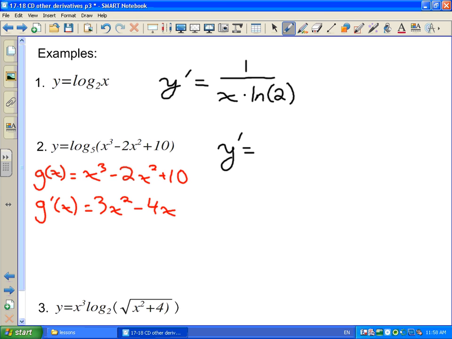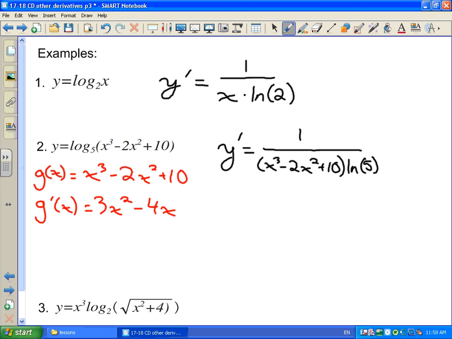So following that chain rule, we're going to have 1 over that inner function. So that inner function is our g at x, so just x cubed minus 2x squared plus 10. And that has to get multiplied by the ln of our base.